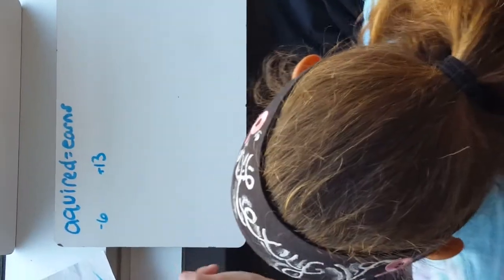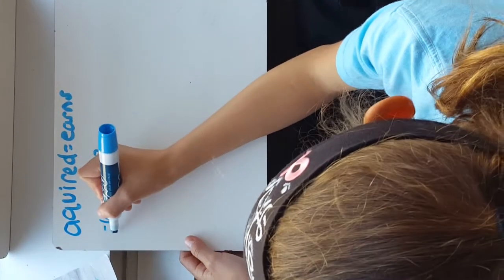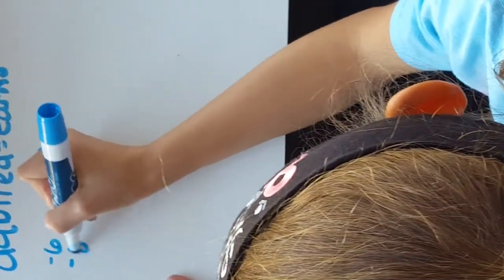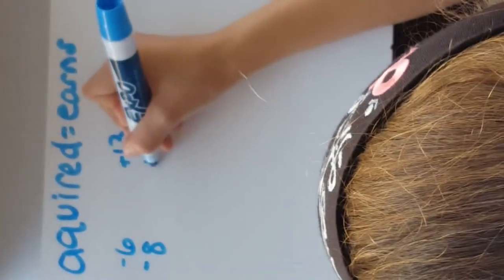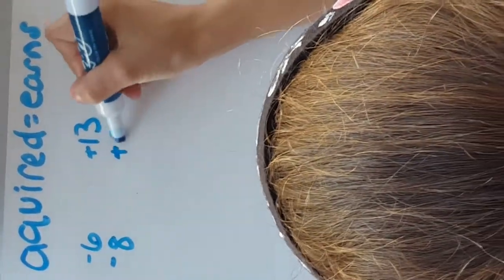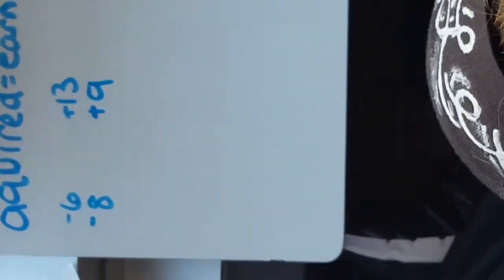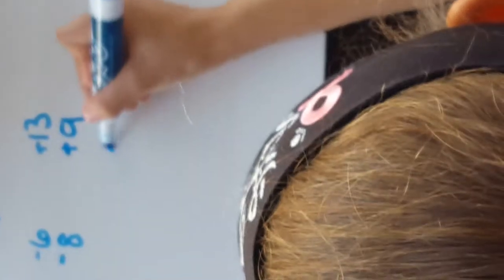That'd be +13. He spent $8 to go see a movie with a friend. That would be -8. He acquired $9 for getting an A in math. That's +9. And finally, he found $3 in the restroom, so that'd be +3.